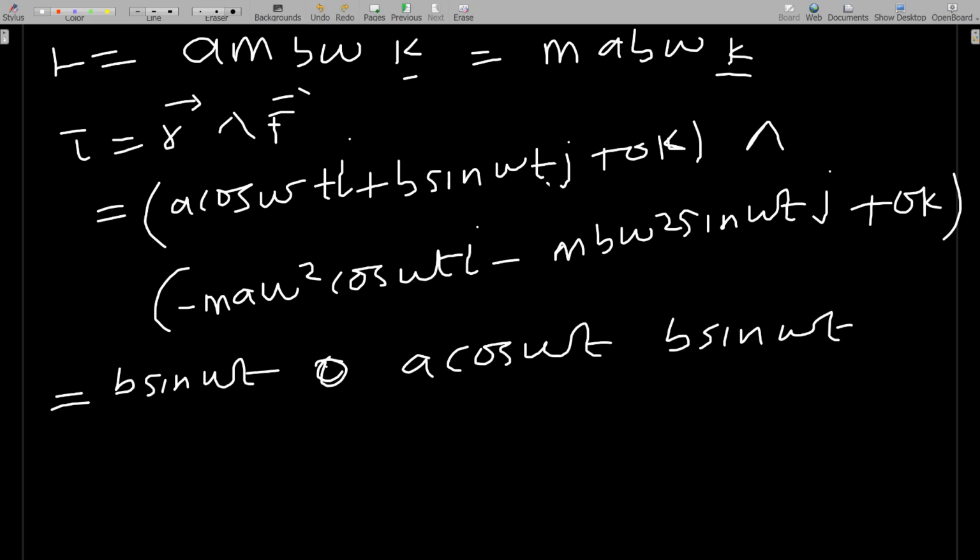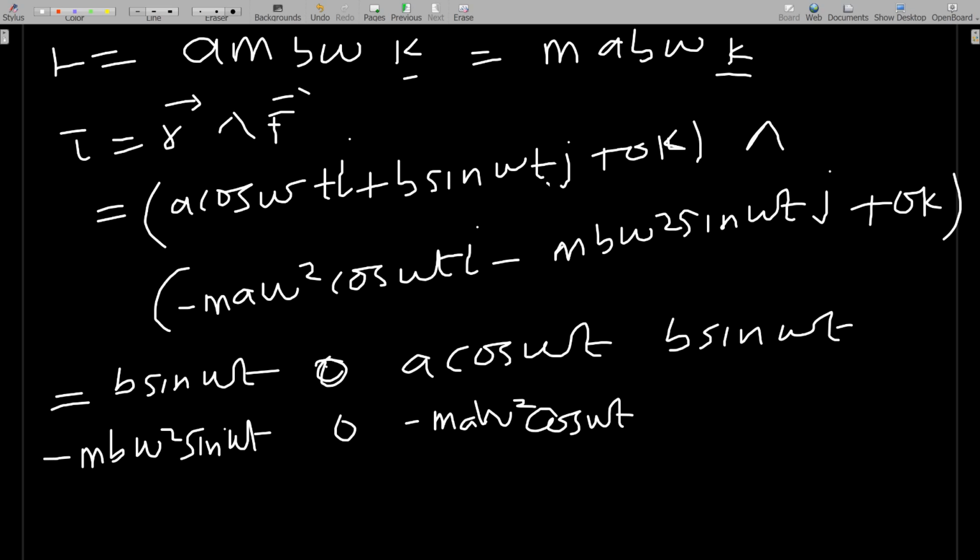So it's minus m b omega squared sine omega t, and 0, then minus m a omega squared cos omega t, then you end up at that same place, minus m b omega squared sine omega t.